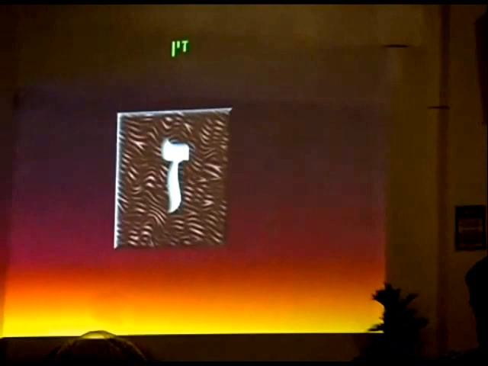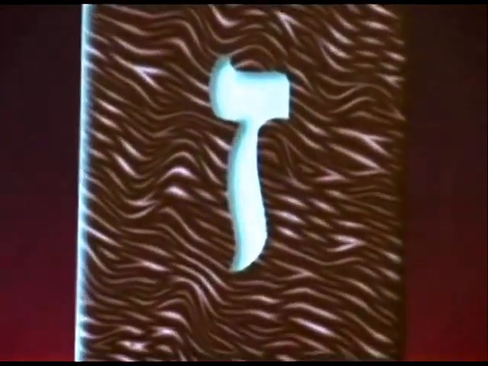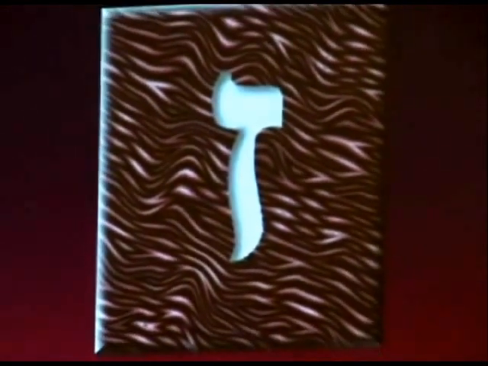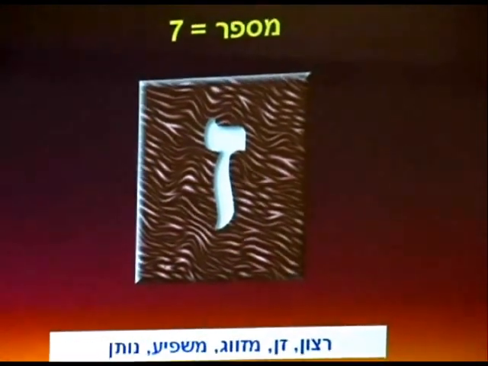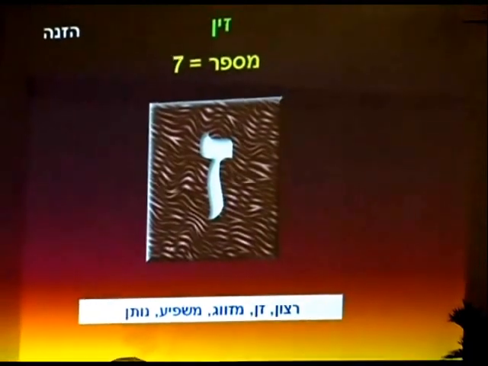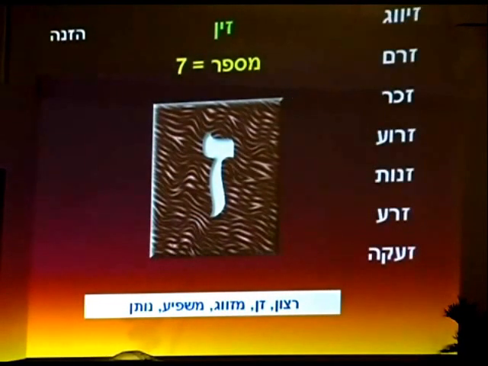Okay, Zayin. Number 7. Zayin is nourishment. You find this letter together with nourishment, with the will, with mezaveg, in other words, to combine two people, as in marriage, to be mashpia, to contribute, to give. Look at the words beginning with the zayin, of course. Zivug, your soulmate, your other half.